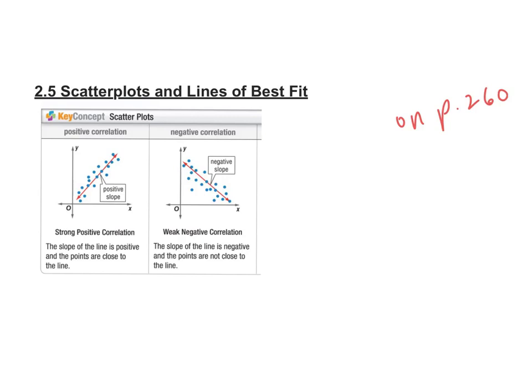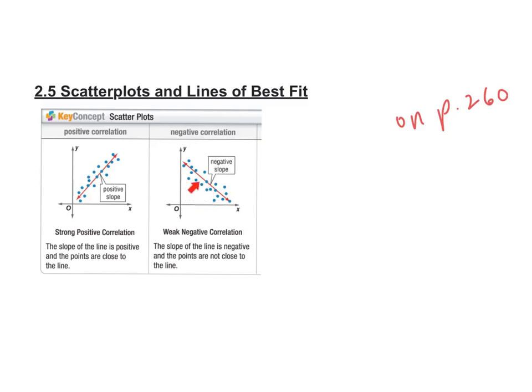Now, if the points are a little more spread out, but yet seem to be moving together, like this one, from left to right the line goes down, which means the slope of that line is negative. We describe this as weak negative correlation because the points are a little more spread out. We've got some points that are really far away from the line.